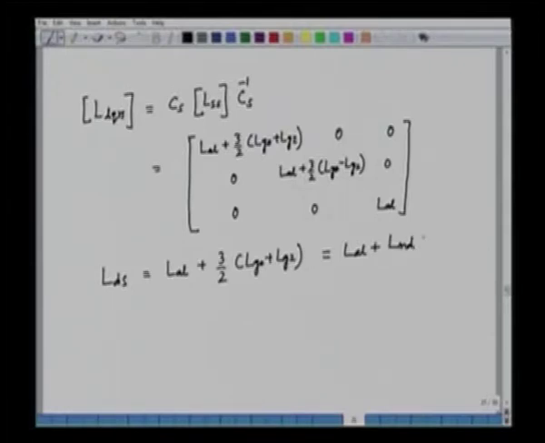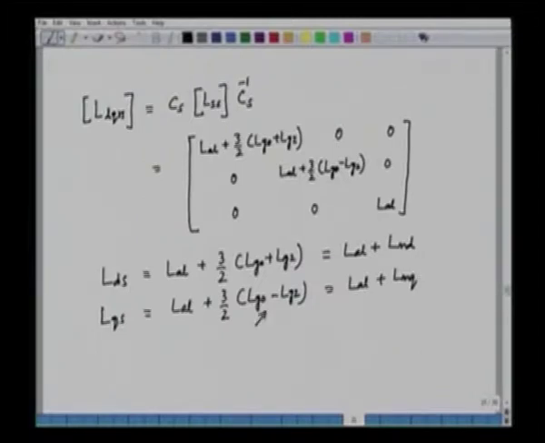LMD is equal to 3 by 2 times (LG0 plus LG2). Similarly, the second inductance LQS is equal to LAL plus 3 by 2 times (LG0 minus LG2), and that's equal to LAL plus LMQ.